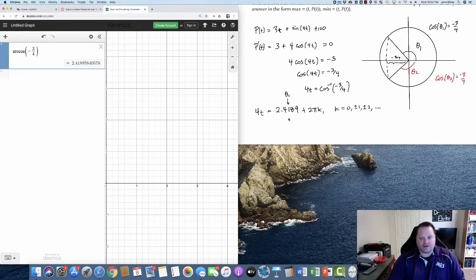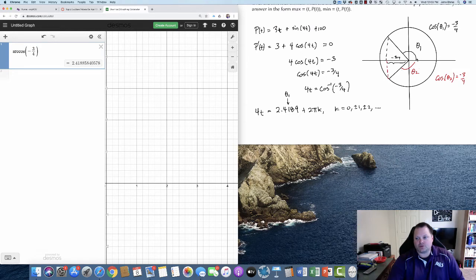Okay, what about theta 2? Well, theta 2 is this angle here. How do I find that value? Well, if you wanted to find this value here, what you could do instead is what? It's 2 pi minus the angle we just found, right?